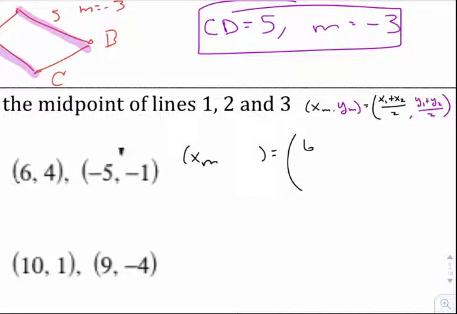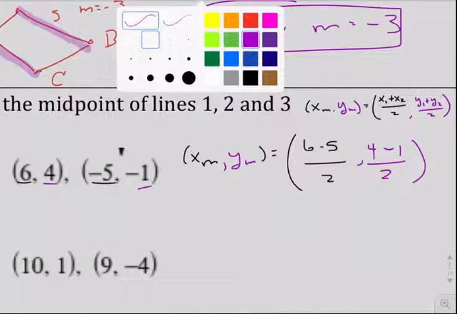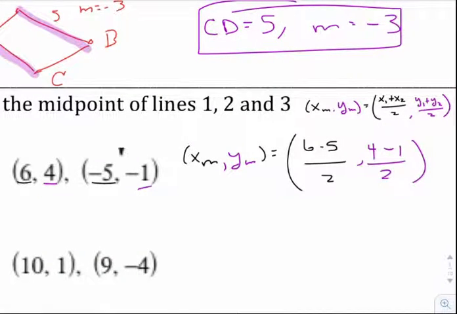So it's going to be 6 and a negative 5. Divide that thing by 2. If I want the y value, I'll do the same thing. So I'll take that 4 and then add the negative 1, divide that by 2. So 6 minus 5 is 1 divided by 2 is 0.5, or just 1/2.